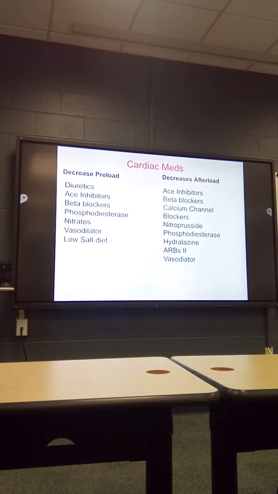So that's why cardiac patients are on a low salt diet, because we want to decrease that preload. We don't want to put more work on that heart. So decrease afterload, I kind of went over those also. Those are loosening that wrench. They're making it vasodilate a little bit more. That's why it decreases the afterload.